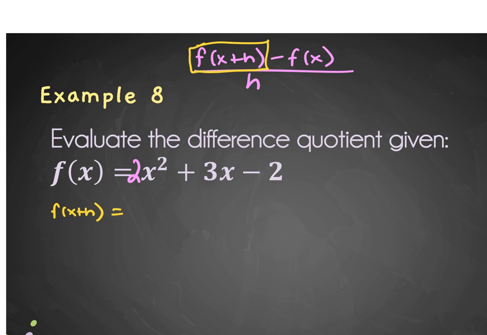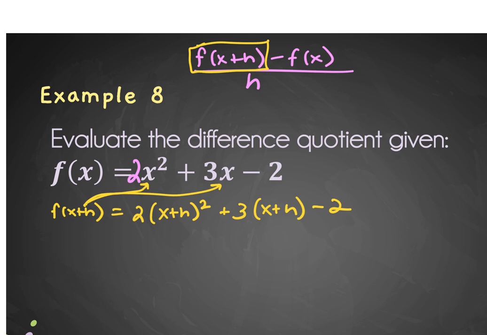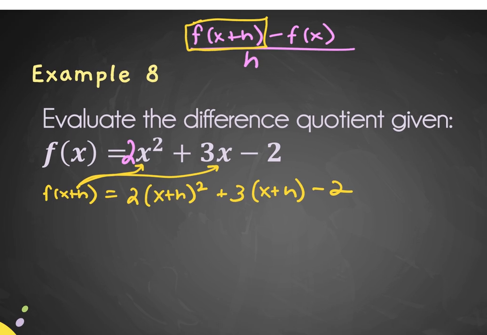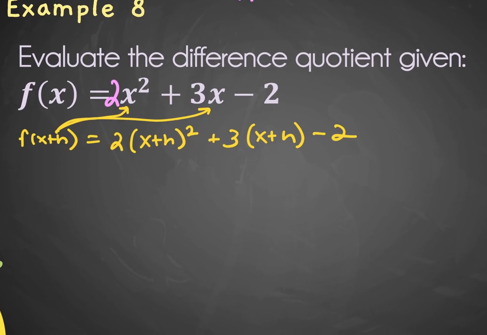So I'm taking x plus h and I'm plugging it into each of the x's. 2 times x plus h squared plus 3 times x plus h minus 2. I could either expand and FOIL the x plus h squared, use the shortcut, or remember that x plus h squared is x squared plus 2xh plus h squared.